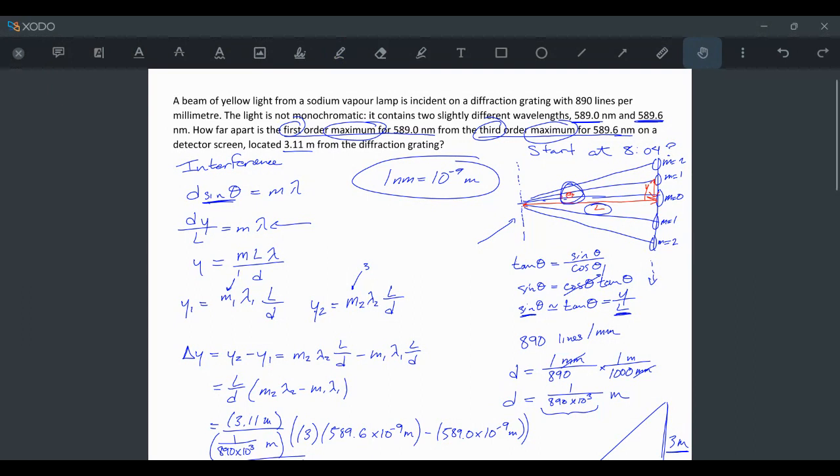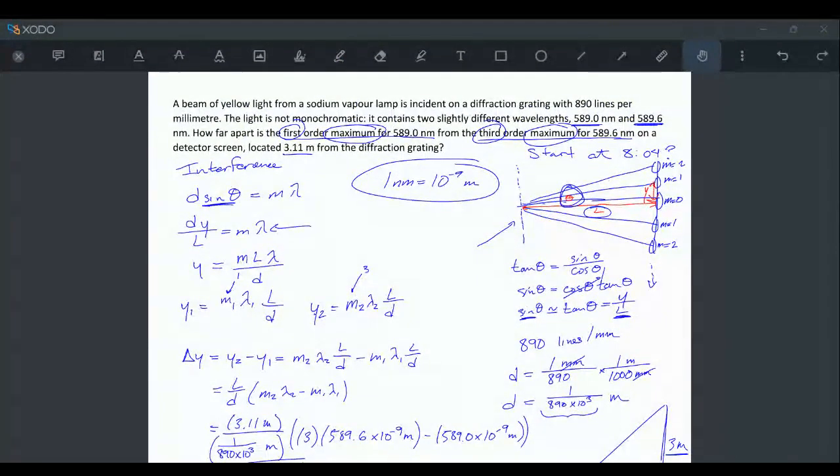If you did want to find out what the angle theta was, let me double check your question. How do you find the angle? Okay.